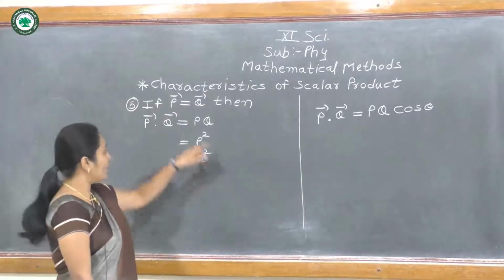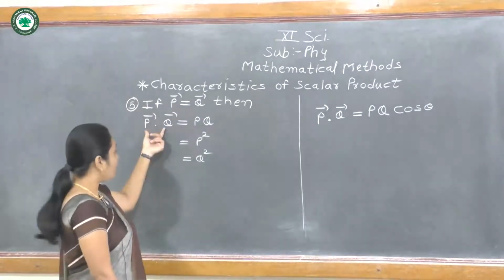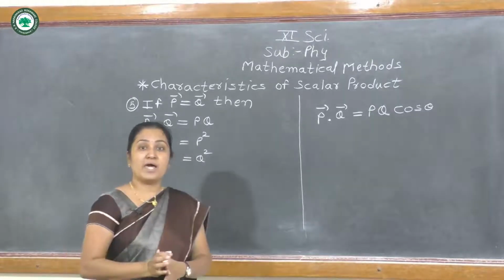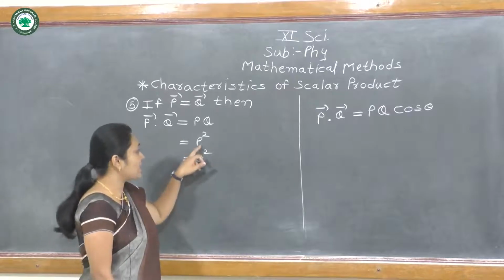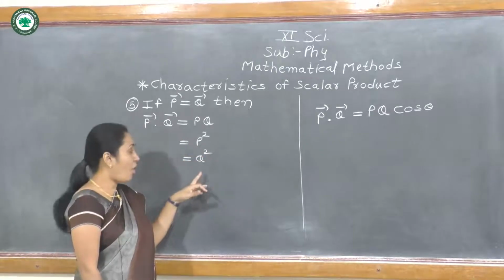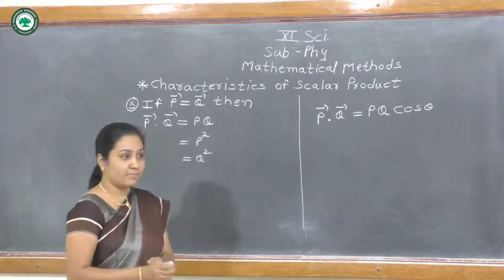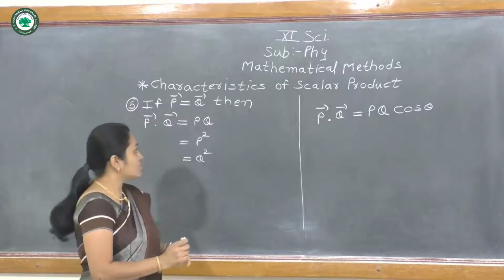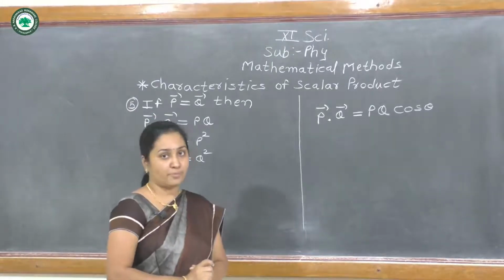So if these two vectors are equal, then the dot product of these two vectors is the square of the magnitude of the vector. That is, we can say either p square or q square. Our answer will be the same because p and q are equal.